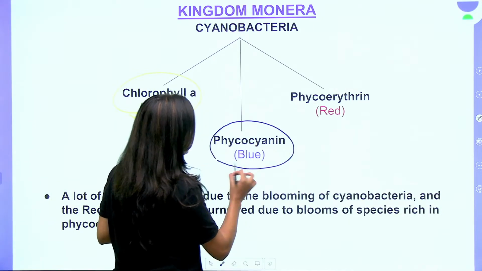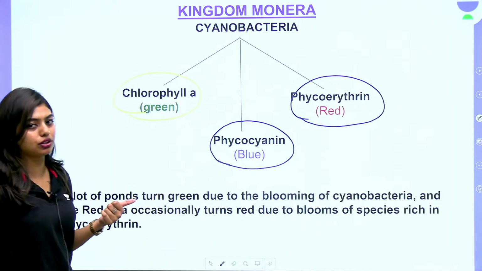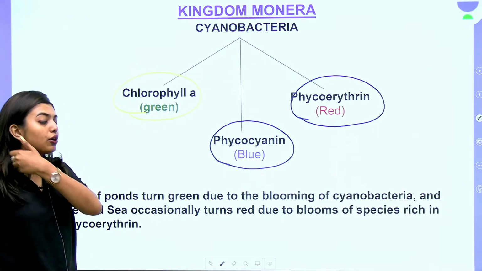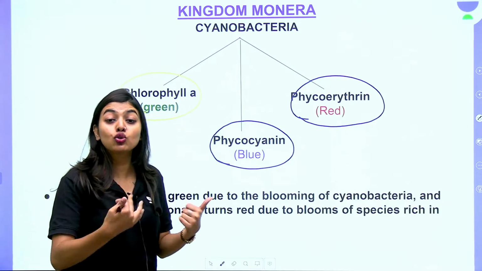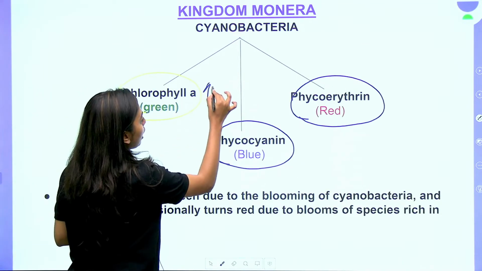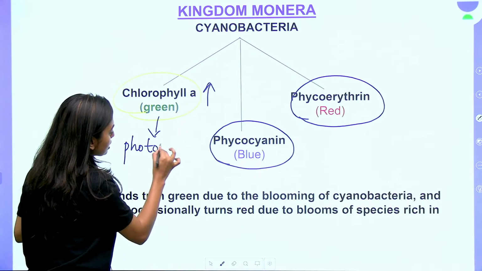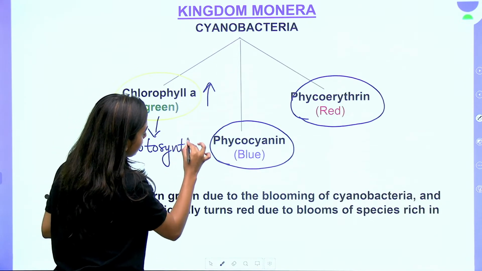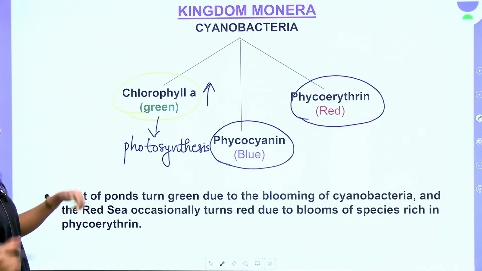Then we have phycocyanin that will give blue color, and phycoerythrin that will give red color. So cyanobacteria have so many pigments and colors. The green allows it to do photosynthesis; photosynthesis will be done because of chlorophyll A.